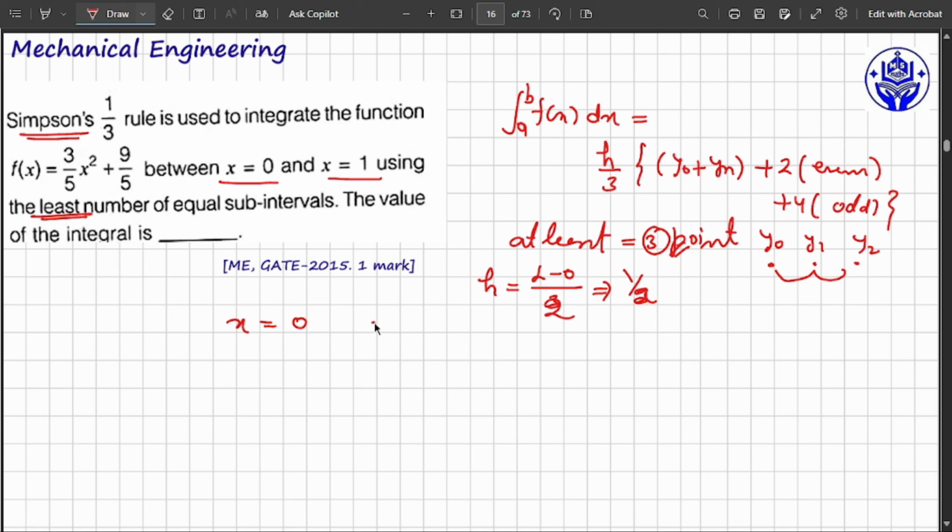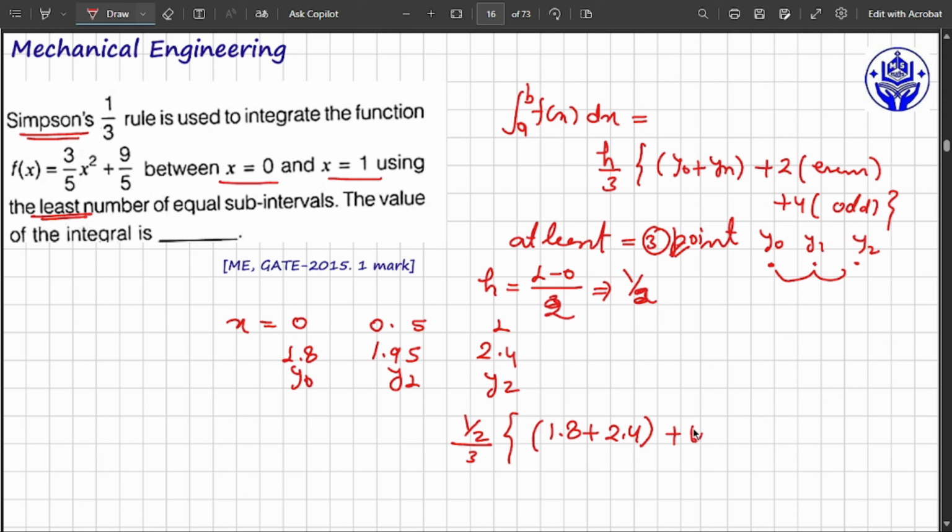So it will be 0, 0.5 and 1. The function value at these points is 1.8, nothing but y0, 1.95 is y1, and 2.4 is y2. So it is 1 by 2 by 3 times 1.8 plus 2.4 plus 4 into 1.95. So the answer is 2. The correct answer is 2 for this problem.